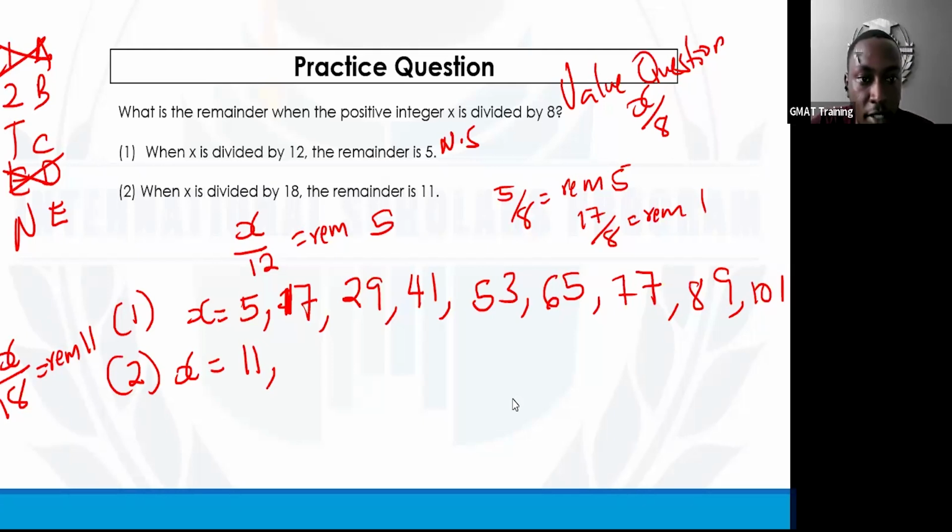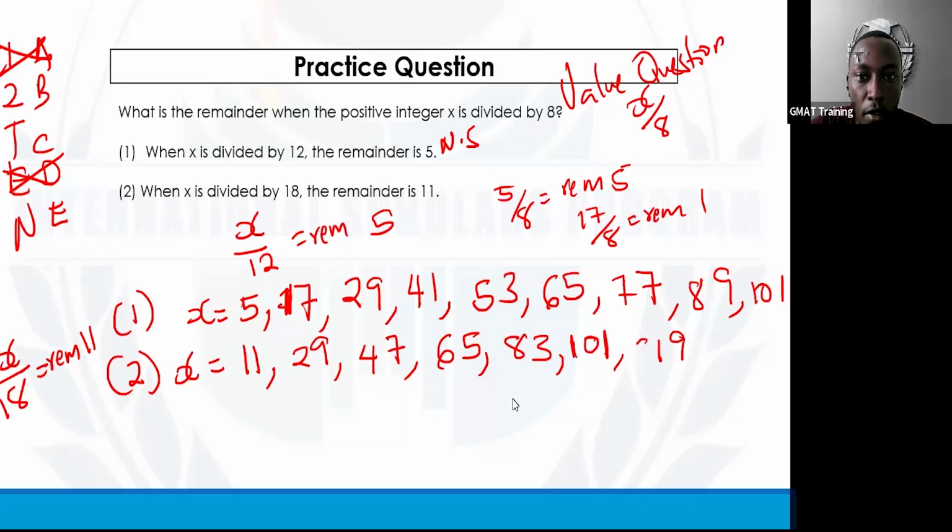Adding 18 gives 29, then 47, then 65, then 83, then 101, then 119.